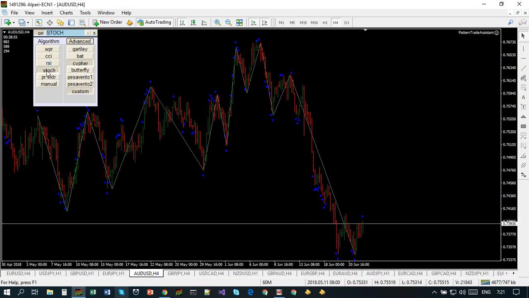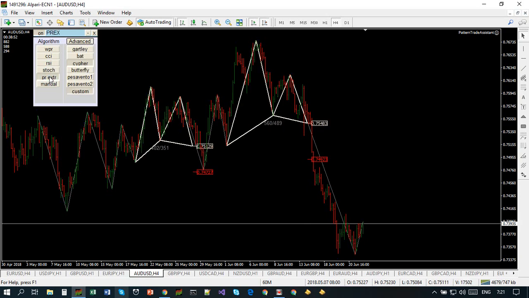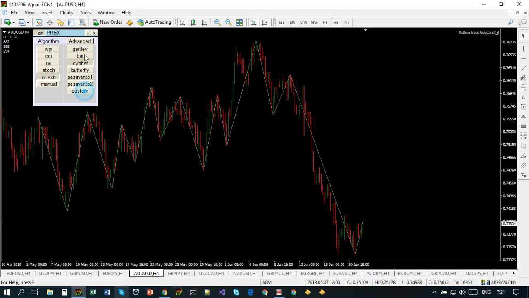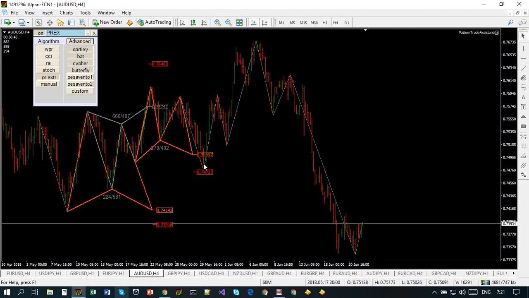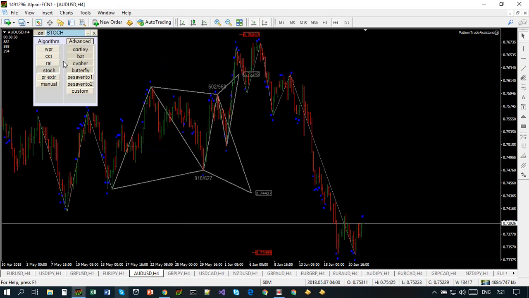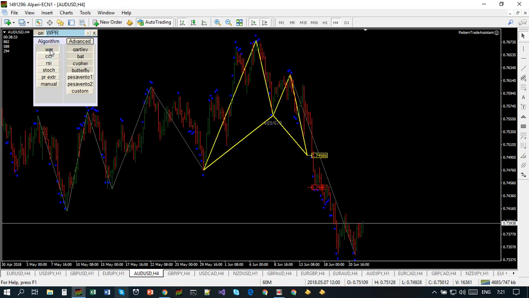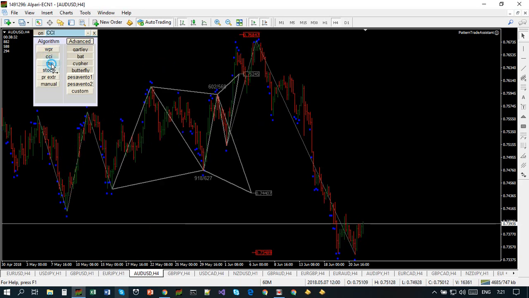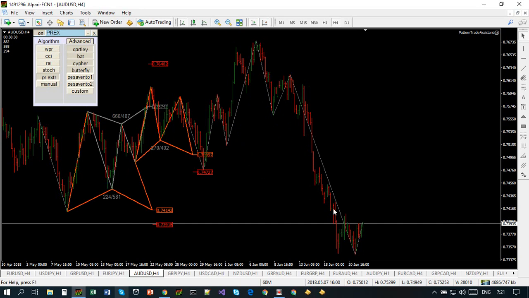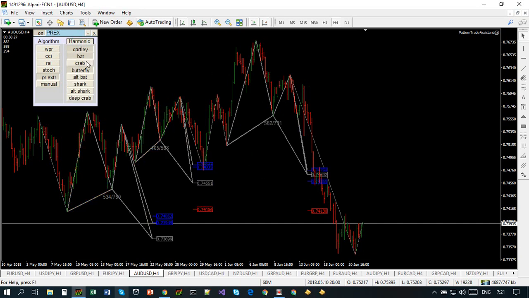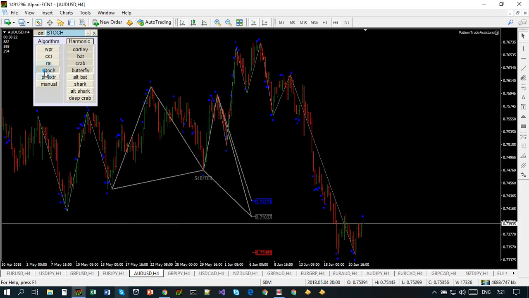So what we have using other algorithms. Butterfly, pretty good. Recently was working pretty good. Other algorithms, okay, nothing that is setting for future trading right now. Let's see the harmonic approach.